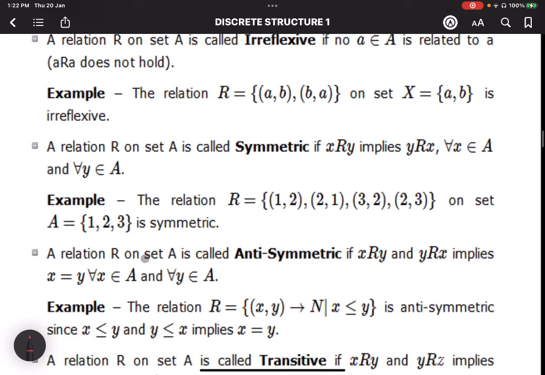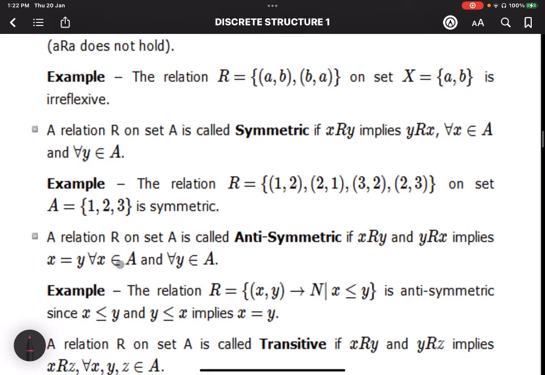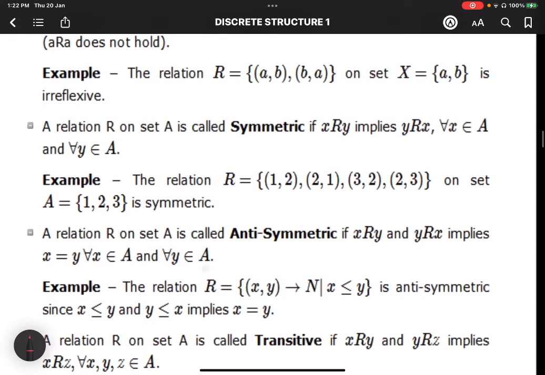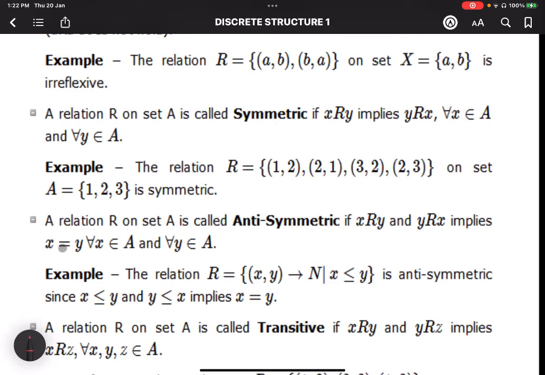So relation R on set A is called antisymmetric if X R Y and Y R X implies that X is equal to Y, and X is an element of big A and Y is an element of big A. So, ang tawag sa kanila is antisymmetric kasi X and Y has equal value.